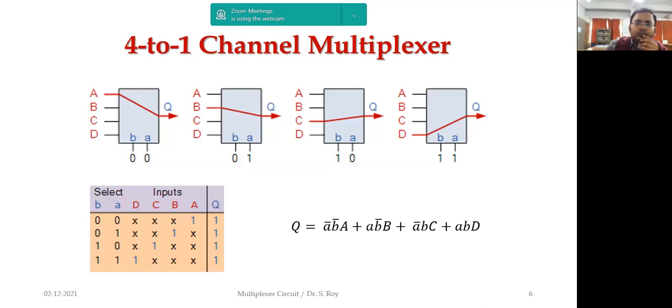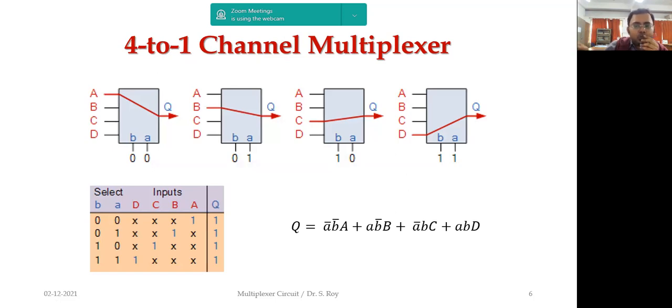Moving to the higher one, that is the 4 to 1 channel multiplexer. What does 4 to 1 channel signify? That means 4 inputs are there and the output is fixed for the multiplexer, that is 1. As 4 inputs are there, we can find how many select lines are required, and that is 2.